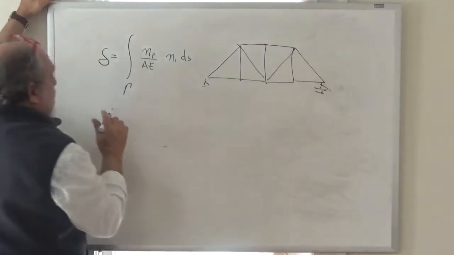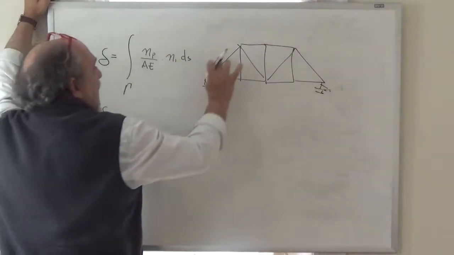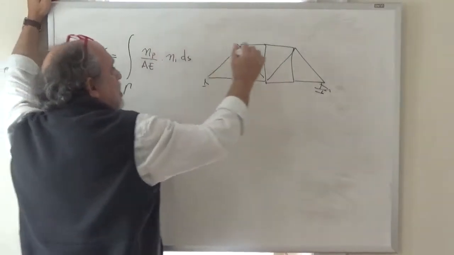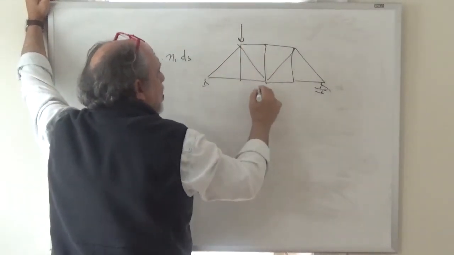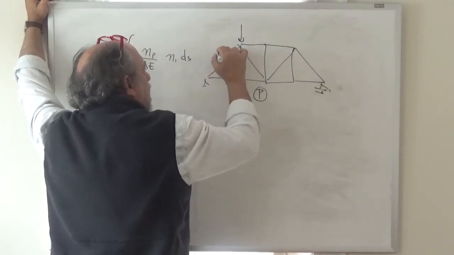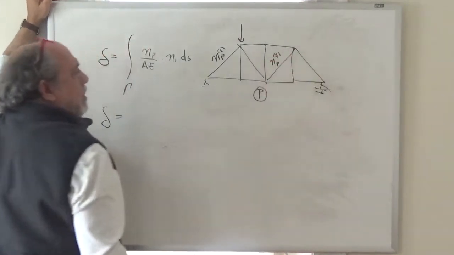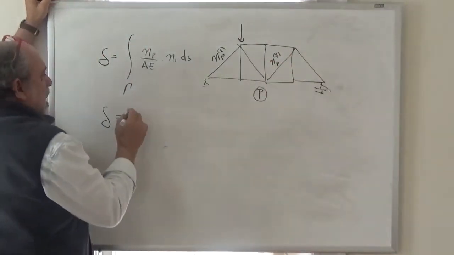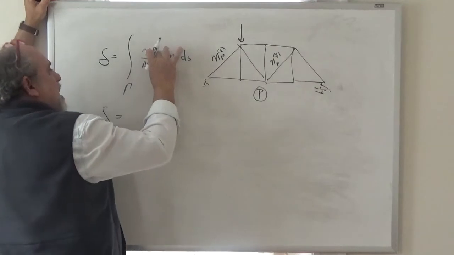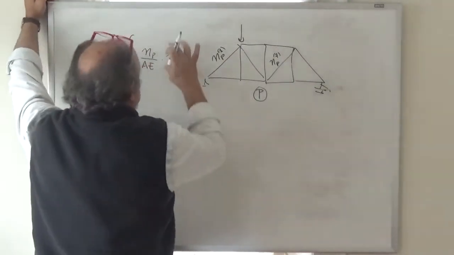That means that in a truss, over any bar, the axial force that is created by the loads is constant. This has NP on bar 1, this has NP on bar 7, and so on. So what we have is that these NPs over each bar are constant, and the same thing happens with the N1s.